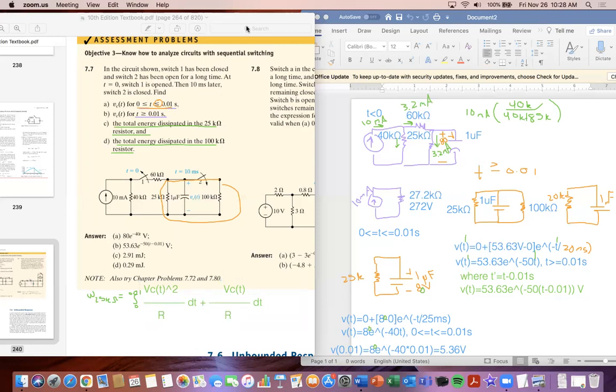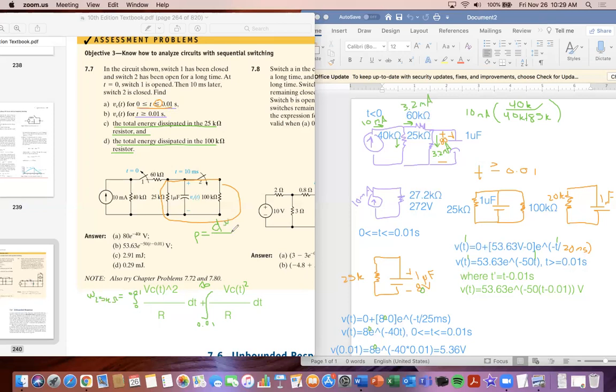And then the other interval would be from 0.01 to infinity, correct? Those were the 2 intervals we had. And so this would calculate the power, oh, sorry, I forgot the square here. If you remember, power is work per unit time.